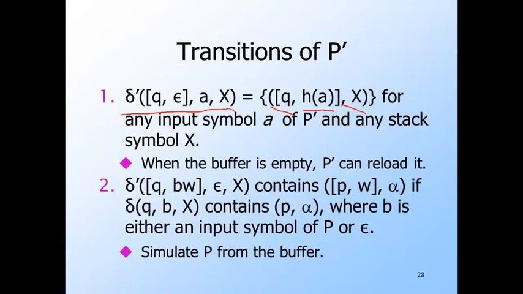Formally, suppose that delta of q, b, and x contains p alpha. Here b may be epsilon, or it may be an input symbol of P. And then for any buffer string of the form bw that is a suffix of h of a for some a, delta prime of q, the buffer bw, with no input, this epsilon input, and x on the top of the stack will contain p, w, alpha.